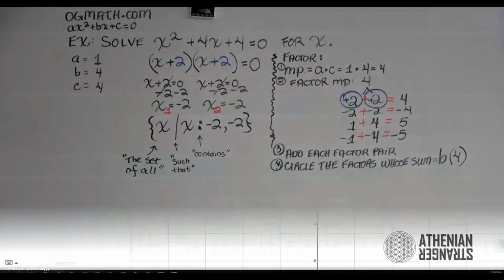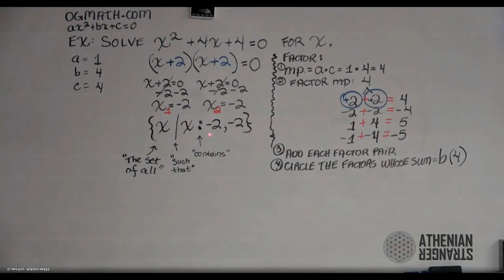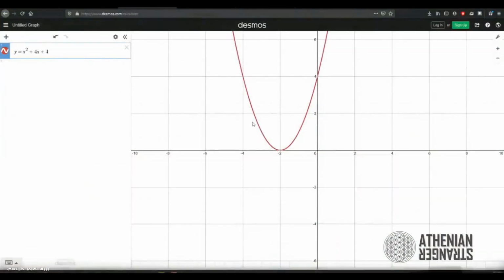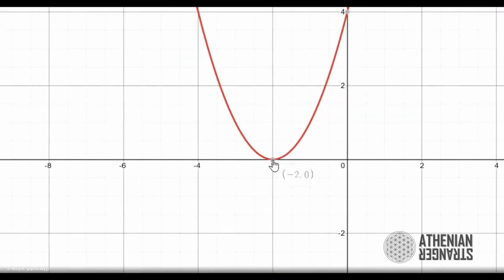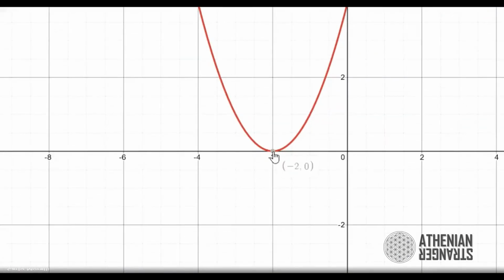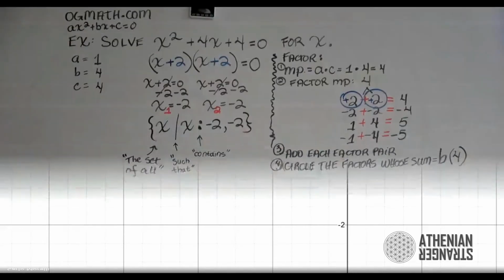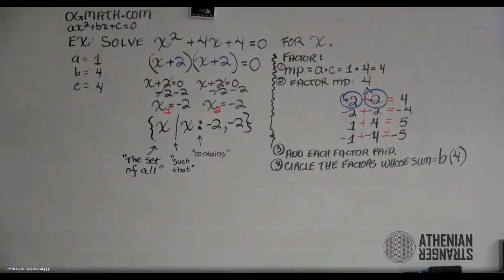Go back to our board. Look at our solution set. -2 and -2. We called it a double root, right? Come over here and click right here. Look at that answer. -2. That's what we found. And so here is a big, huge thing. All right? This is a big, big thing. Big leap.